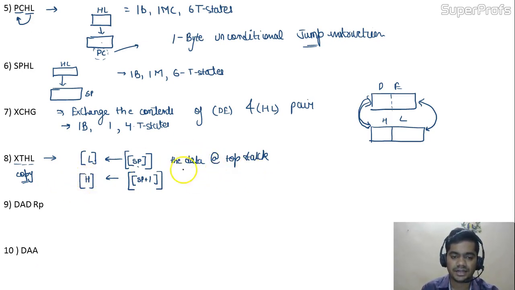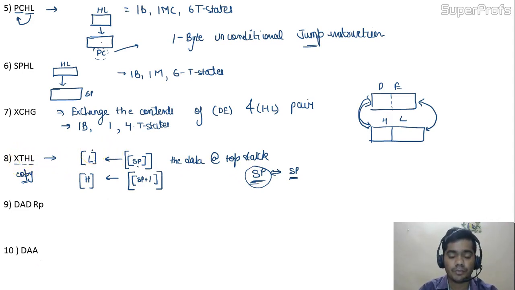Okay, but in this instruction there would be no change in the content of stack pointer, because stack pointer is a register in microprocessor and the stack is the content present in memory. This stack pointer points towards the top of the stack. Okay, so as there is a copy operation performed, therefore there would be no change in the contents of stack pointer.